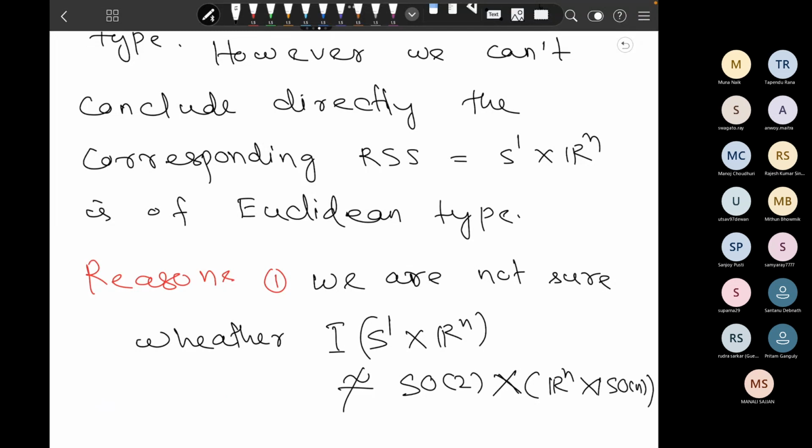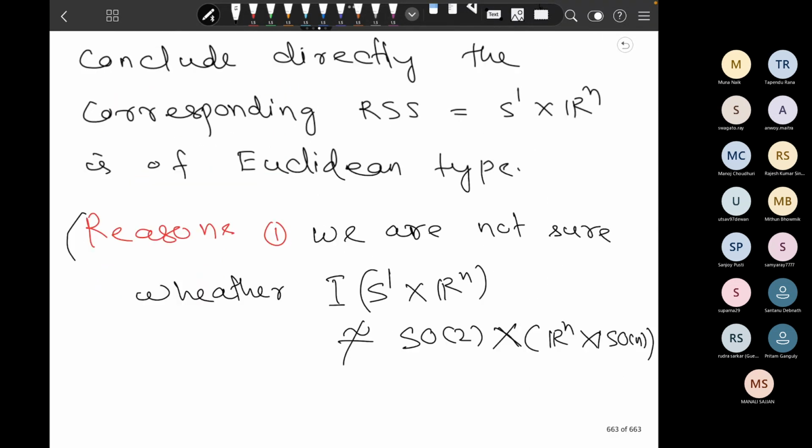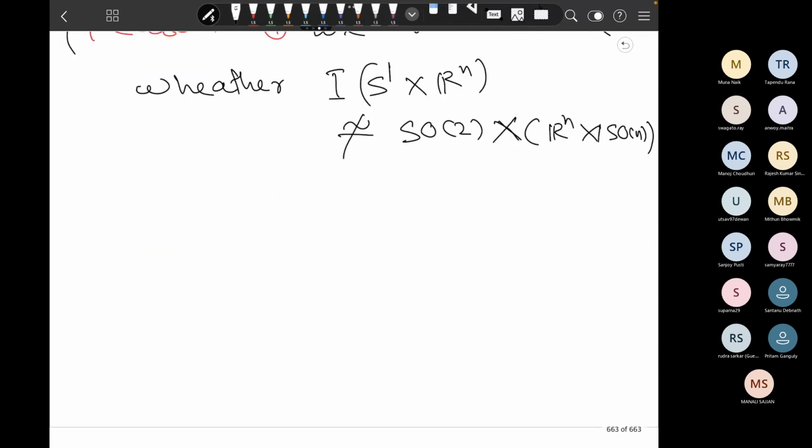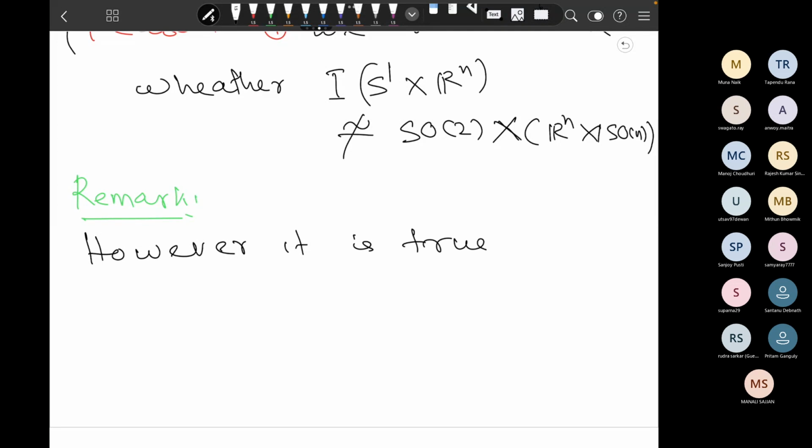This is the precise reason. Okay. However, a remark: it is true that S^1 cross R^n is a Riemannian symmetric space of Euclidean type.